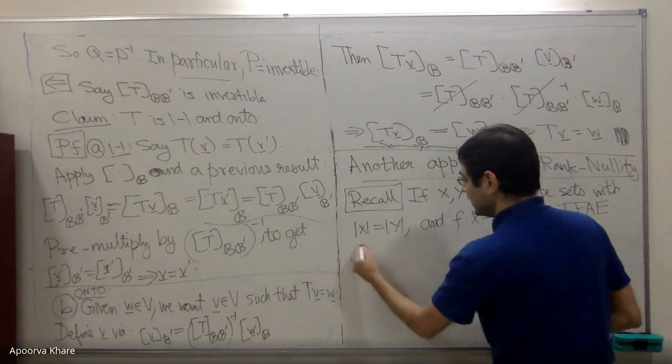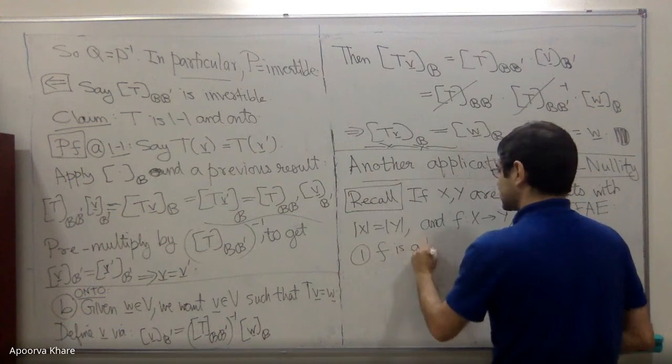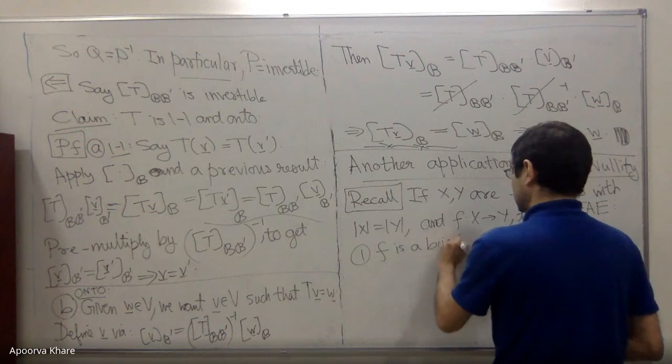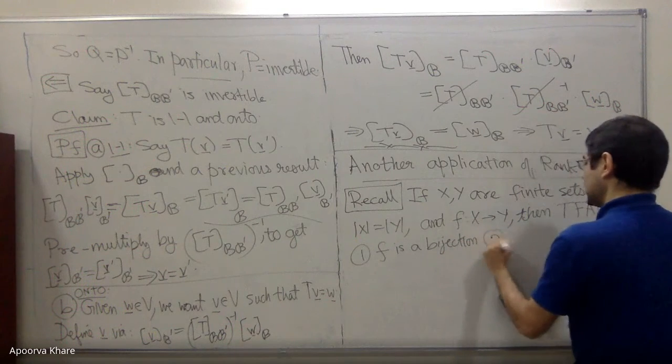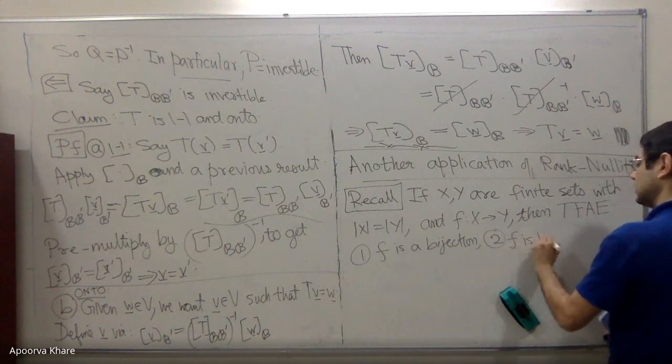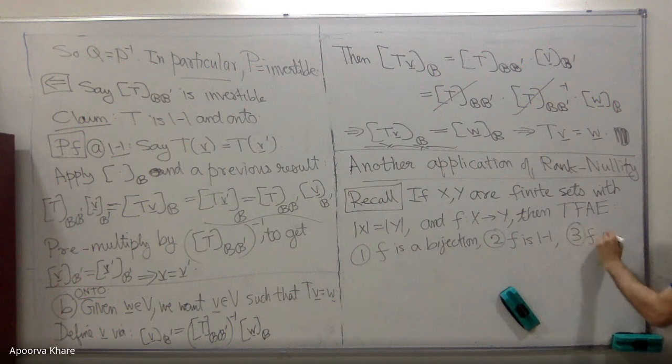Very simple. 1, F is a bijection. 2, F is 1 to 1. And 3, F is onto.